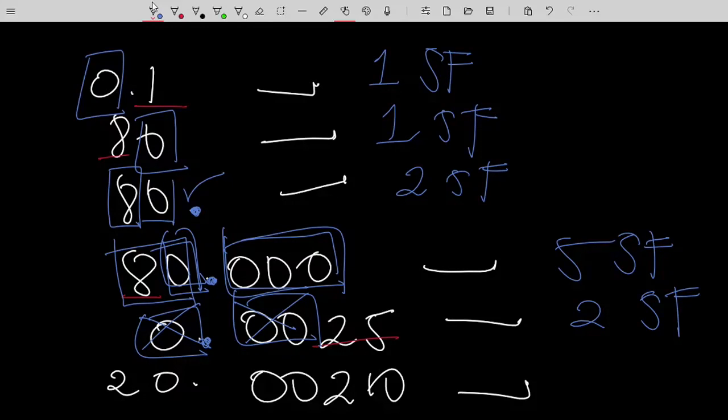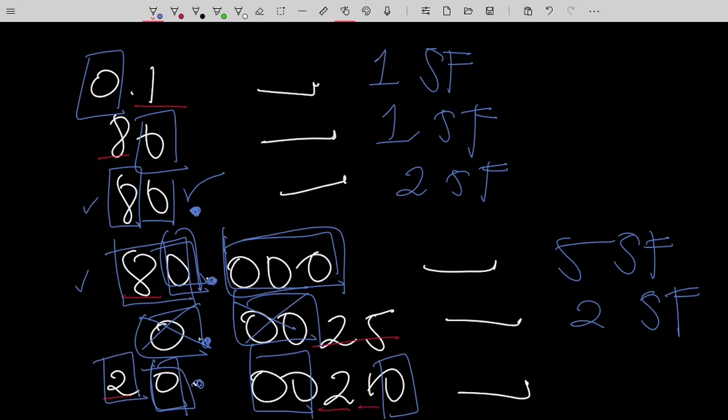Now how about our last example? We have 20.00210. Again, count all the non-zeros. We have your 2, 2, and 1. Now how about your 0 here? How about your 0 here? And how about your 0 here? Now as we all know, applying the same rule happens here and here. This 0 here will be significant because it follows a non-zero, which is your 2, and you have your decimal here.